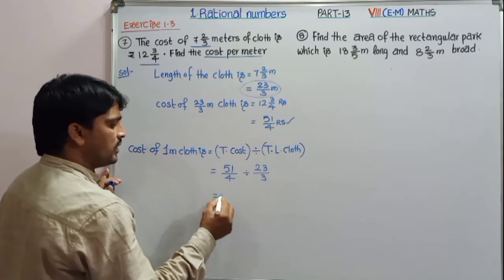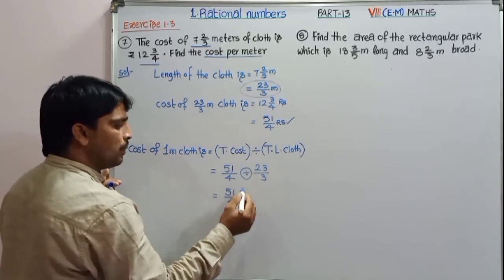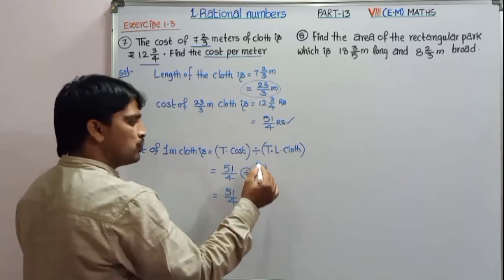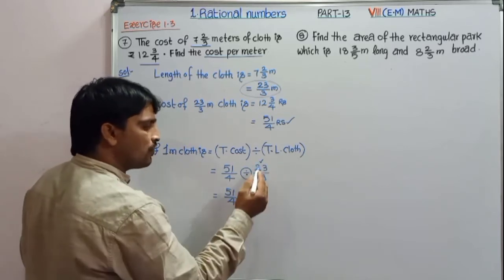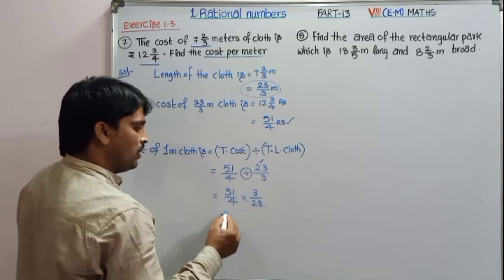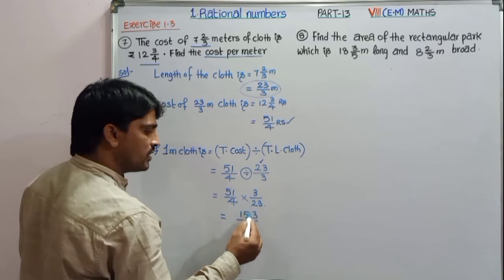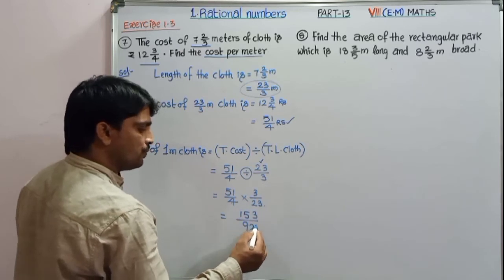That is 51 by 4. The division symbol may change into a multiply symbol, so consider the reciprocal of 23 by 3, that is 3 by 23. Yes, 51 3s are 153, 4 23s are 92.